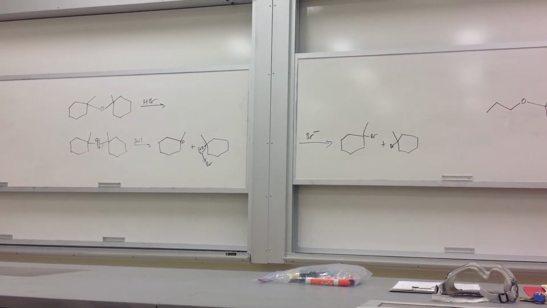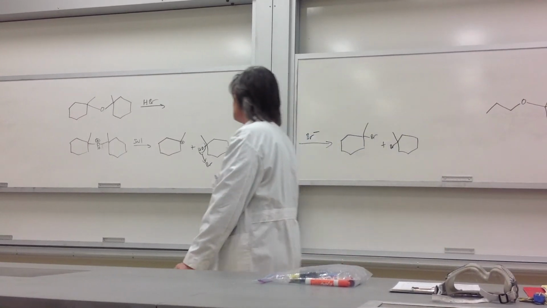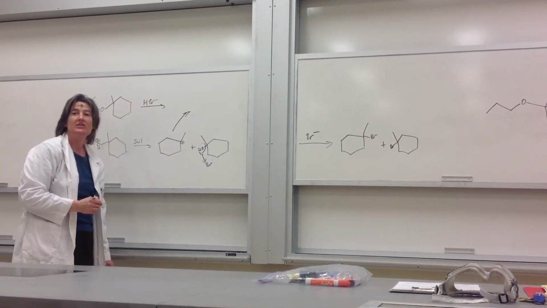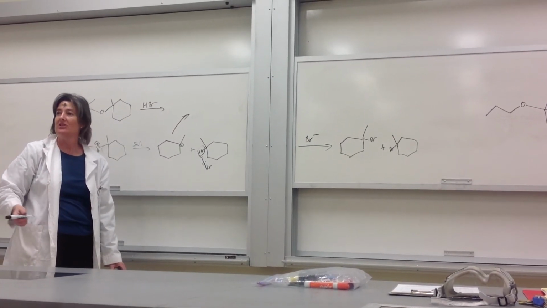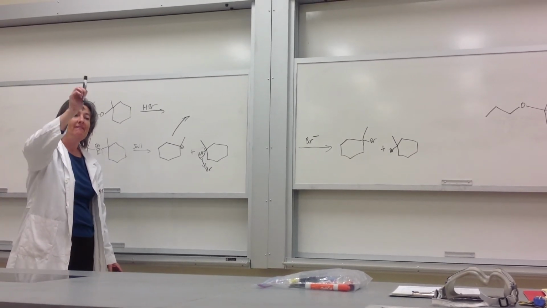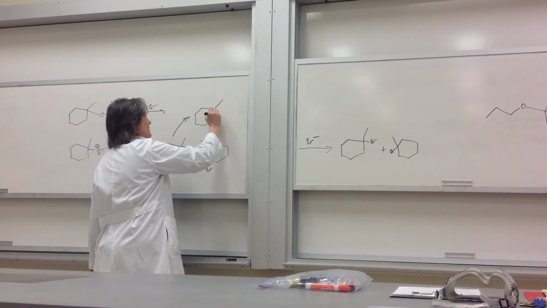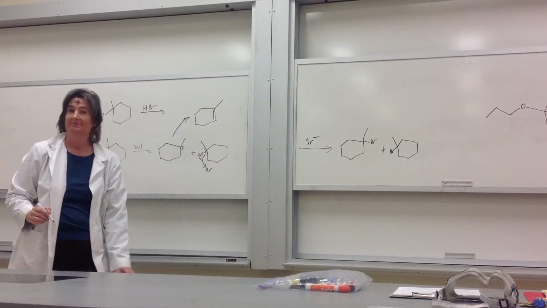What else would I see? What would be indicative where I could tell this thing really happened? You always see SN1 and E1 together. I would also see some of this as well.